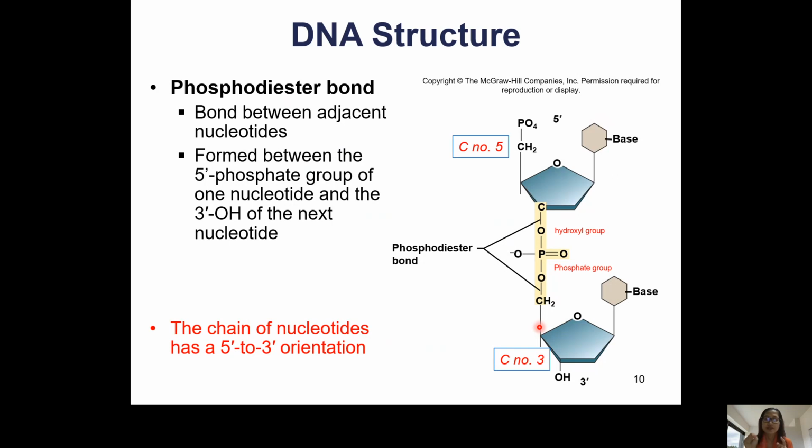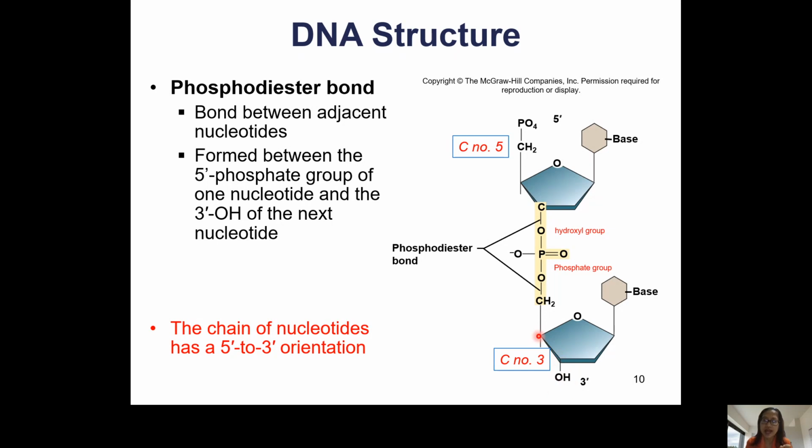We can actually count the carbons in the sugar. Let's see together. This is the first carbon, attached to the base, this is the second carbon, and this is the third carbon, attached to the hydroxyl group, or OH.